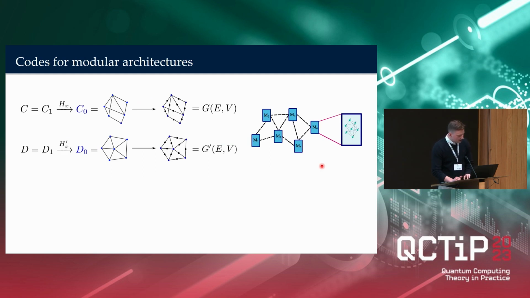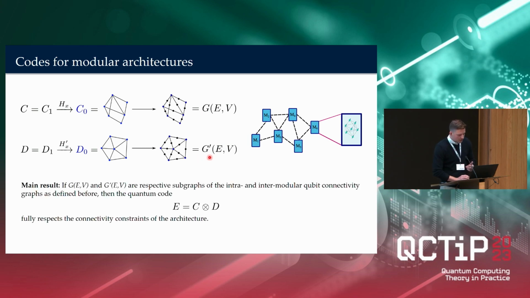Now, if we take two classical codes, we map them to their connectivity graphs. Remember, they can be represented by hypergraphs, and then mapped to the connectivity graph. These are their Tanner graphs. Let's say the first code has Tanner graph G and the other has G prime.